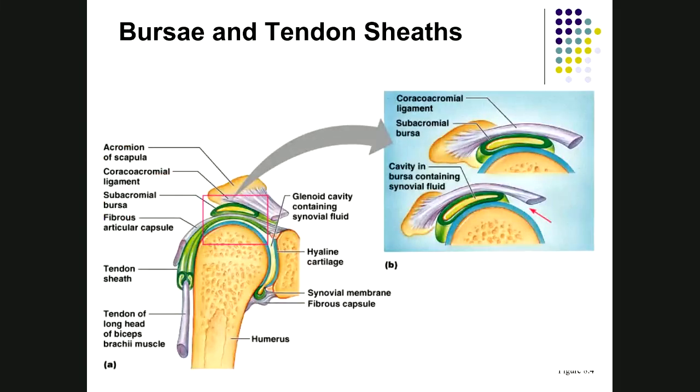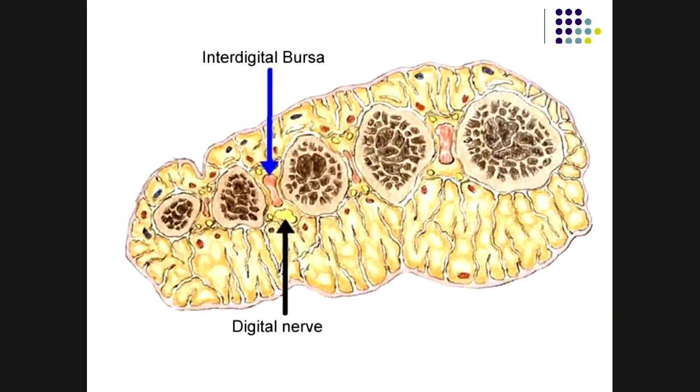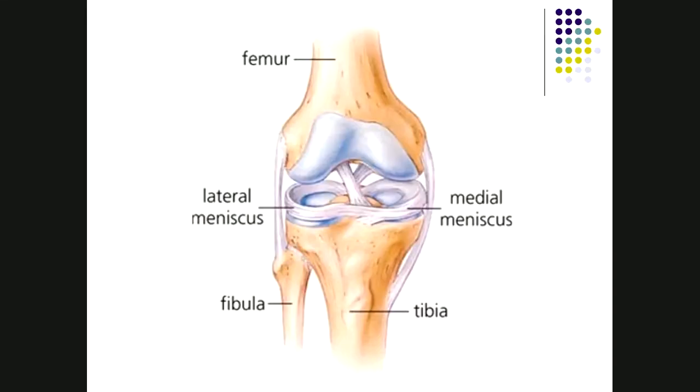So when you look at a meniscus, they look like this. Here's a meniscus right here, these sort of C-shaped or semi-lunar shaped pads. This is in the knee. So think about how much pressure is put on your knees.